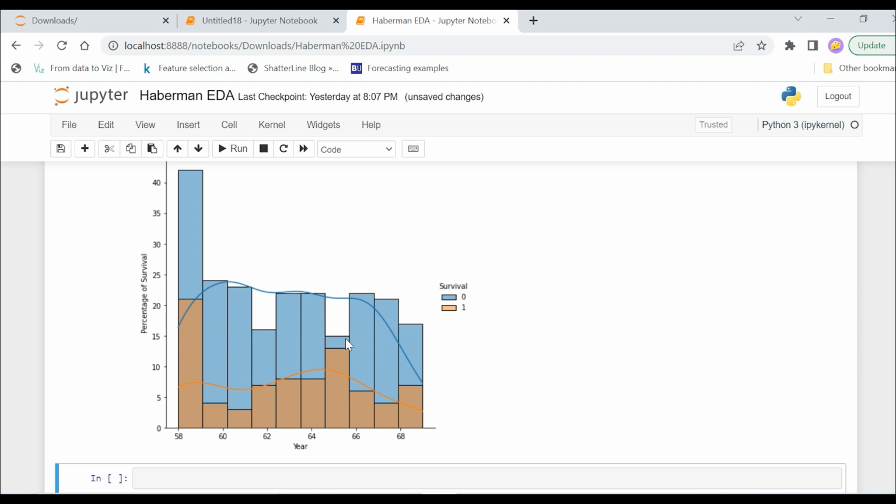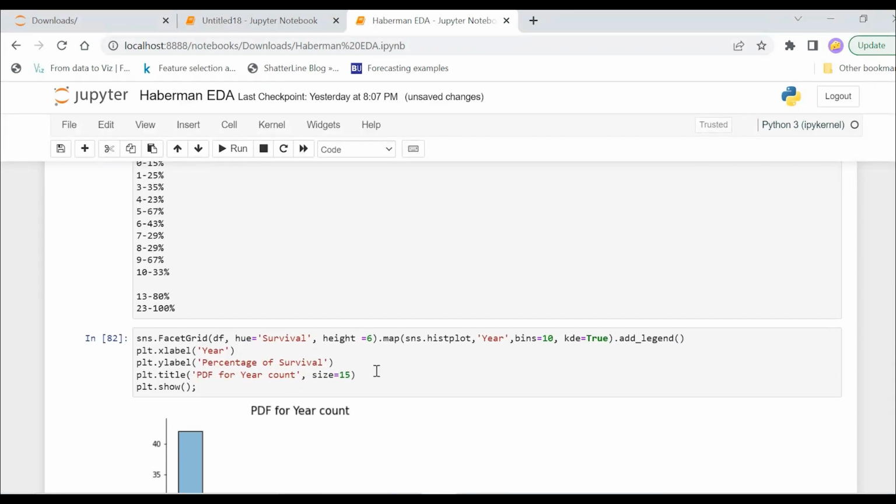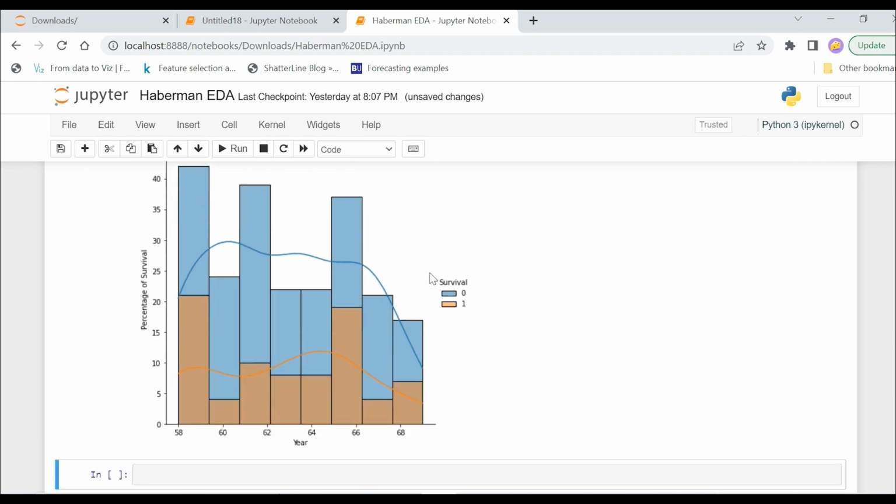Let me take it as 8. Yeah, I think this can be useful here. So this is 1 year, which I would say is between 64, 65, 66.